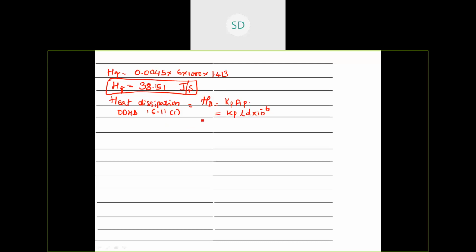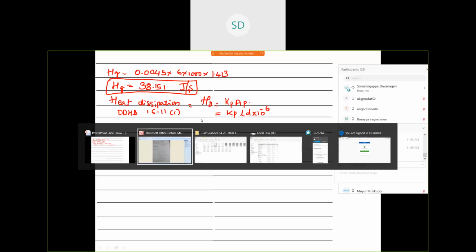Now Kp is a constant. So you note down equation number 15.11c next. Kp equal to Tb minus Ta plus 18 the whole square divided by small kb.